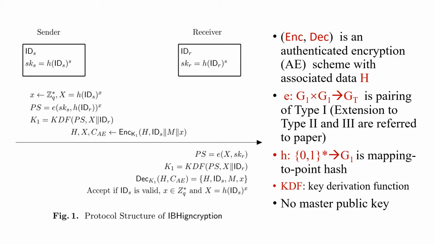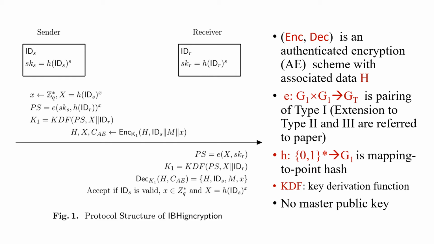Then the sender derives the session key K1 from the primary secret PS, big X, and the identity of the receiver.